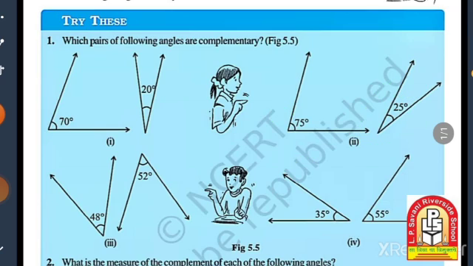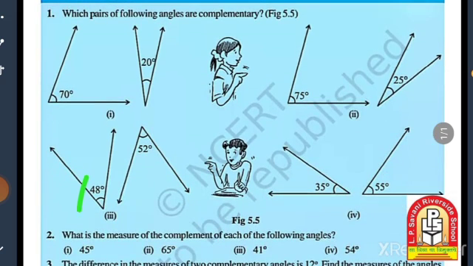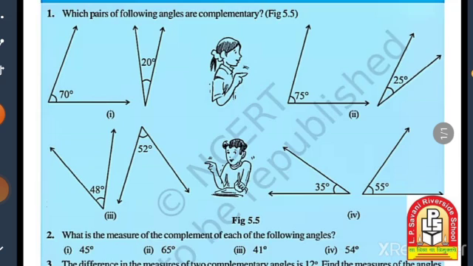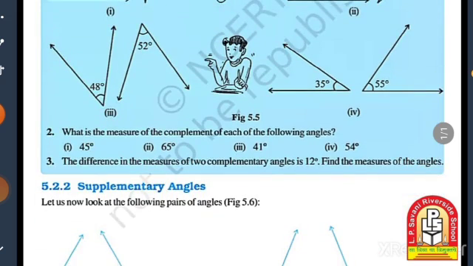Then 48 plus 52 is also not complementary because the sum of these two angles is 100. Then 35 plus 55 is 90. So these are complementary angles, and you have to write these sums in your homework.